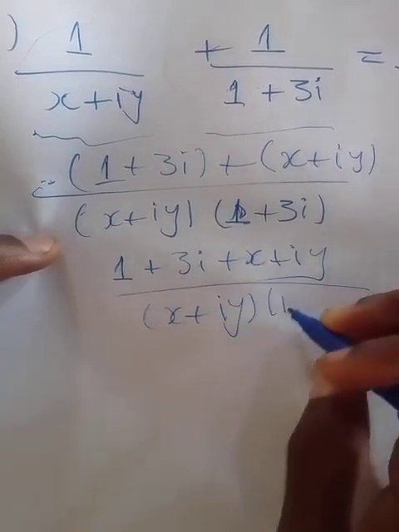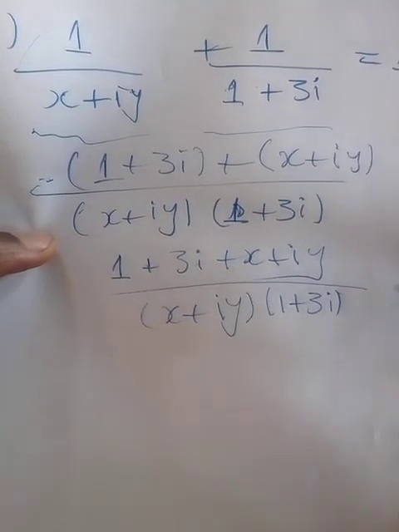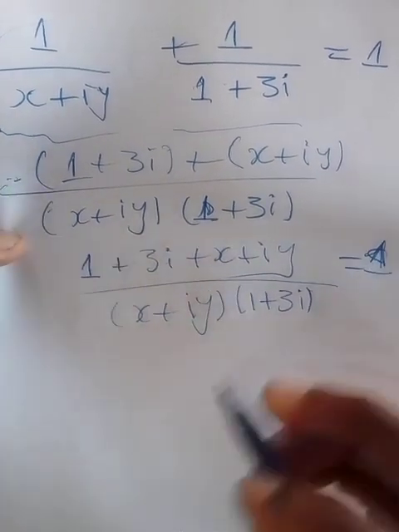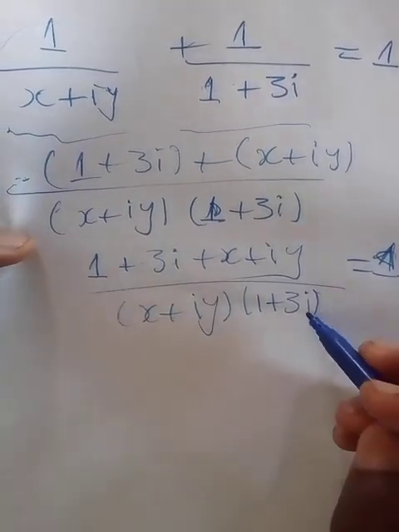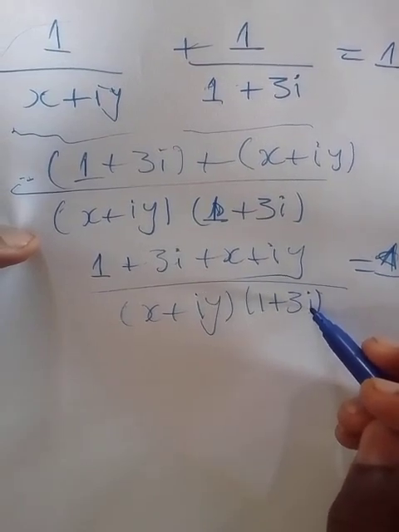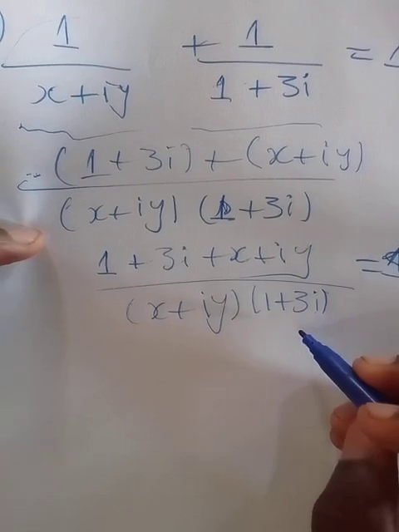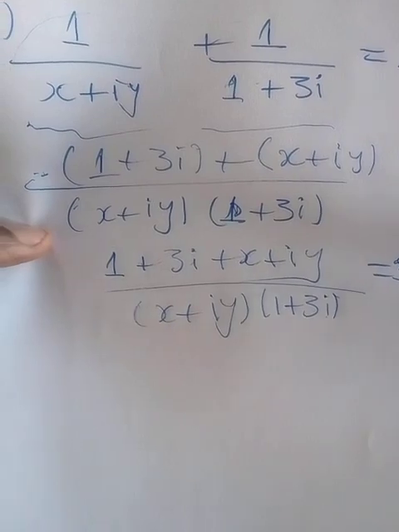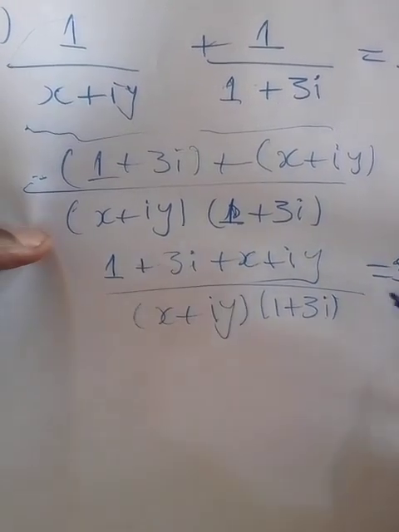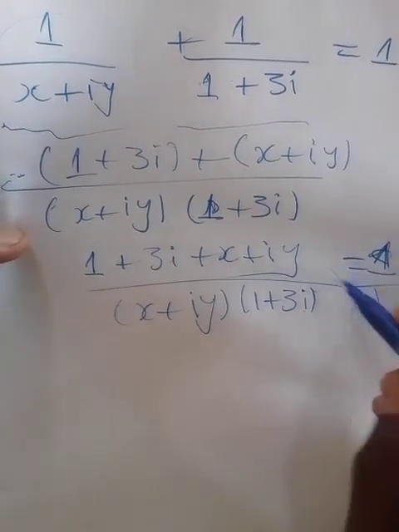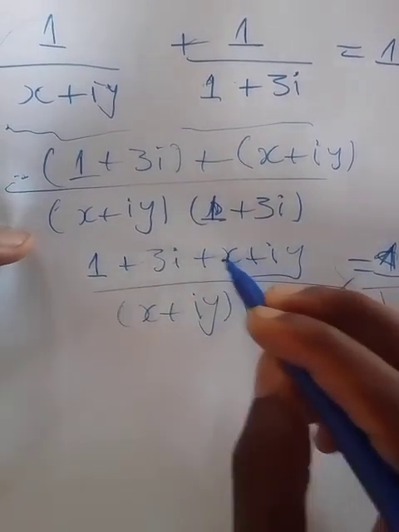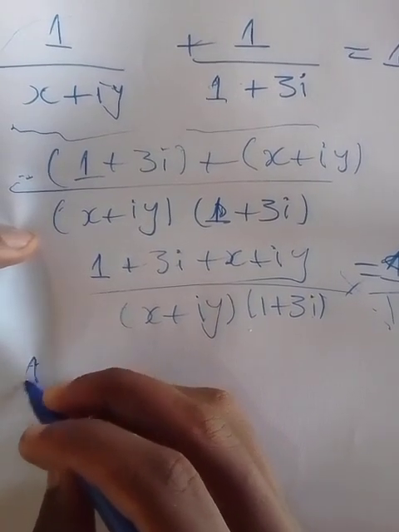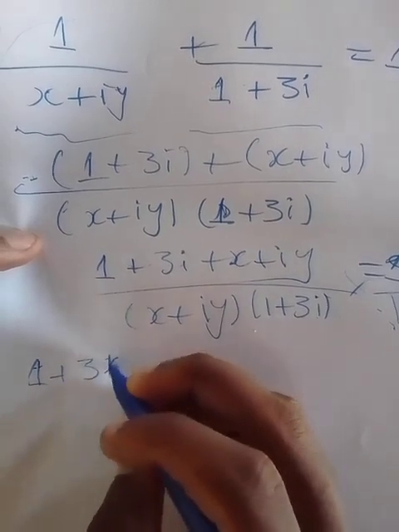So here you're going to cross multiply. This times 1, you're going to have 1 plus 3i plus x plus iy is equal to this whole thing times 1.